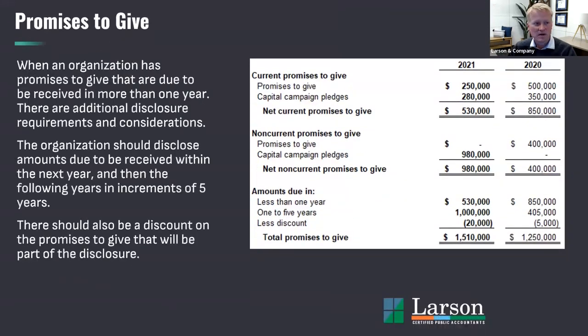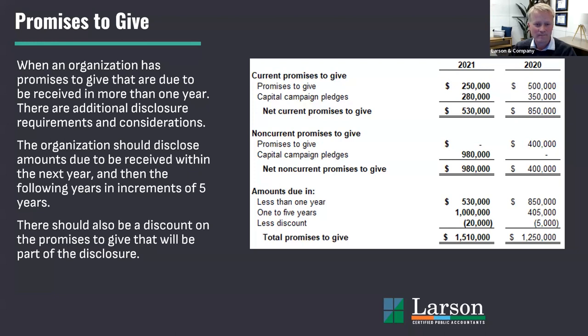Okay, let's talk a little bit about promises to give. Promises to give are unique to nonprofits as well, and so this is a unique disclosure. Anytime an organization has promises to give that are due to be received in more than 1 year, not only will they be a long-term asset on the statement of financial position, but you do have to break those out by when they will be received.